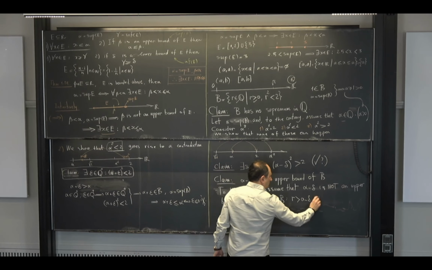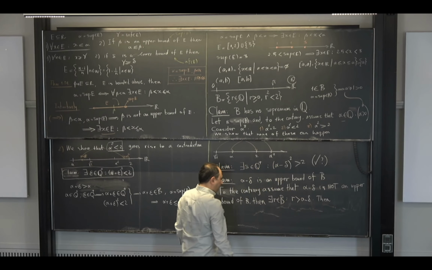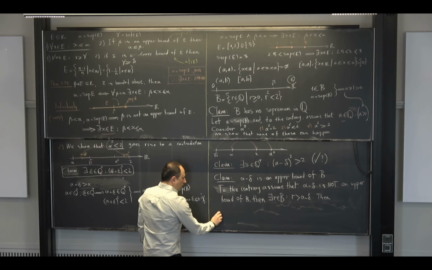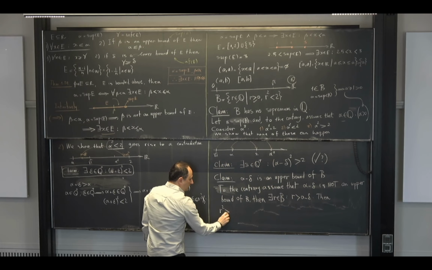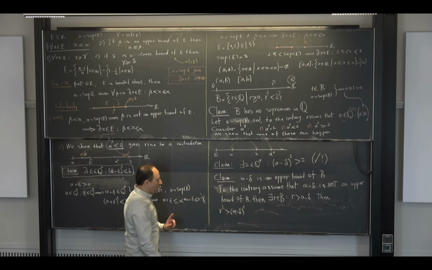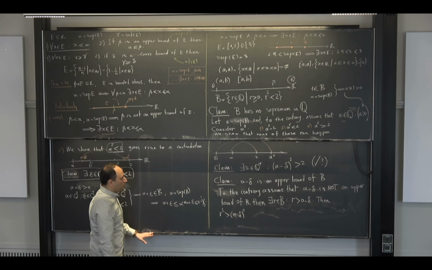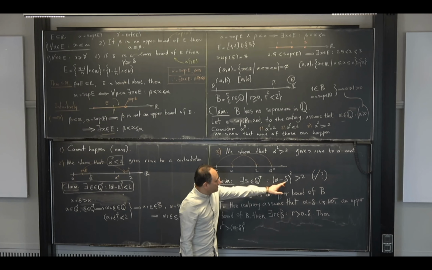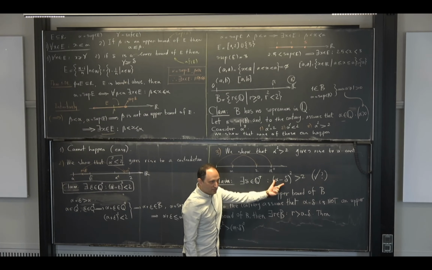Then r squared becomes greater than alpha minus delta squared. But I have to make sure that I can choose delta so small that alpha minus delta is still positive, because otherwise I will have trouble here. Then this one itself is greater than 2.